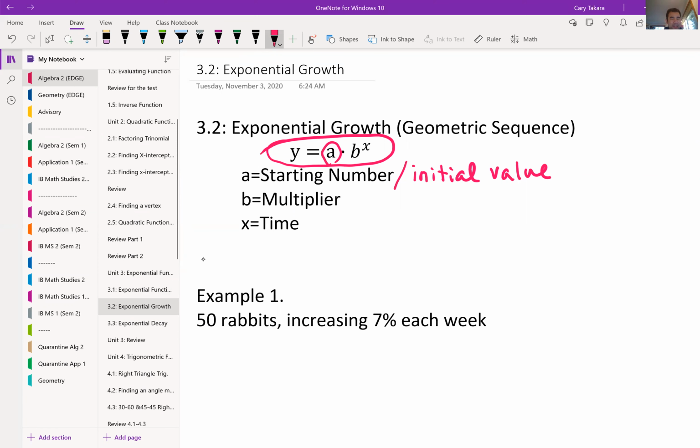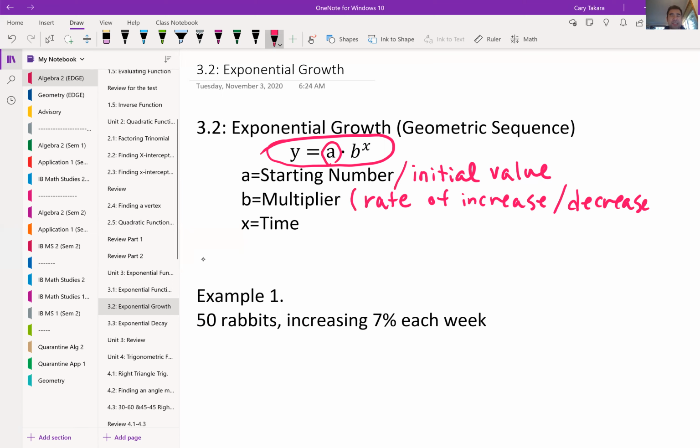In this case, example one, it's 50 rabbits. So 50 is going to go into A. B is a multiplier, or often we call that the rate of increase or decrease.